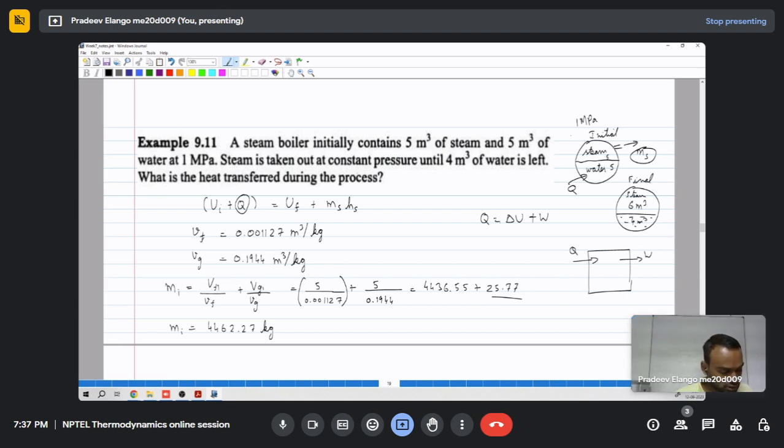Yes, sir, thermodynamics first law. So here, if it is constant volume, then W will not be there, right? If there is only some constant rigid wall always, then I can write Q is equal to the change in internal energy.